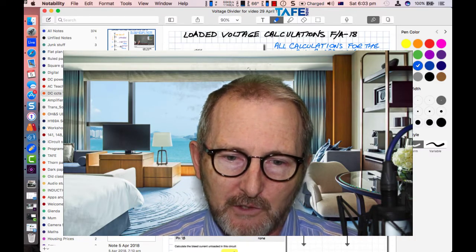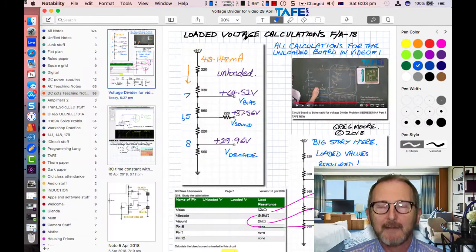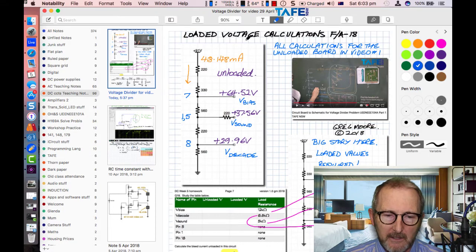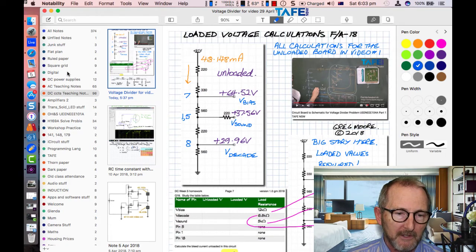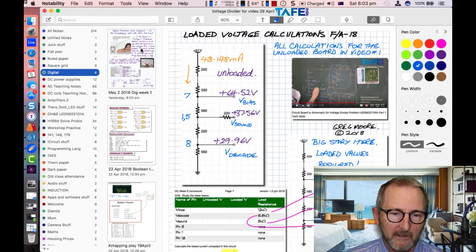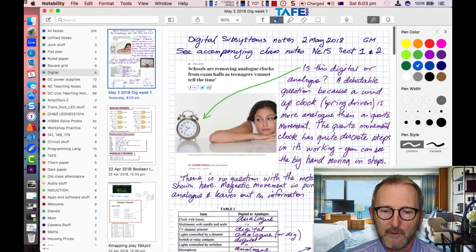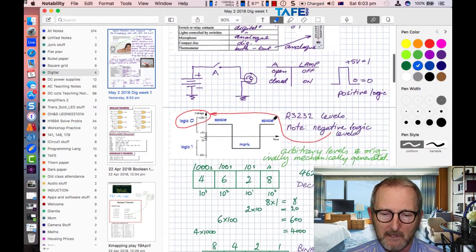Looking at the screen here, you can see I'm using an application on the Mac called Notability. I use this application for so many things that I do, both in class and in the studio. And just to give you an idea here, I've done recently some digital notes. You can see there.